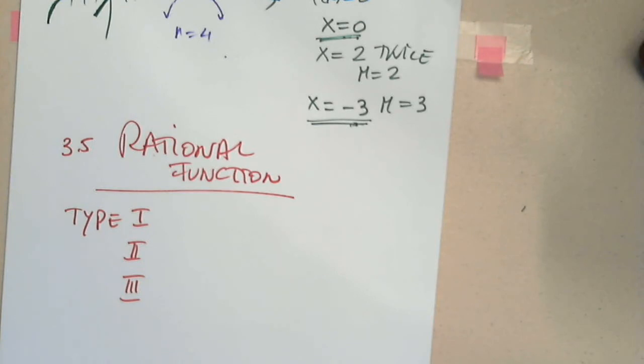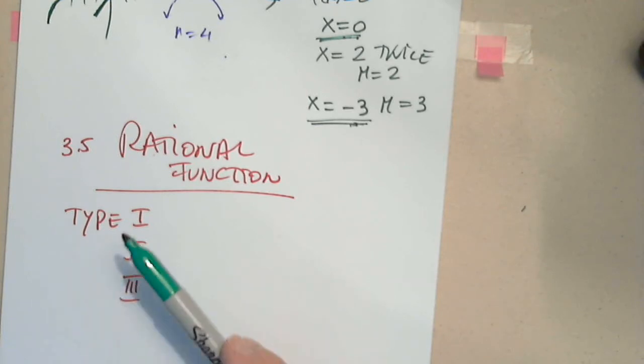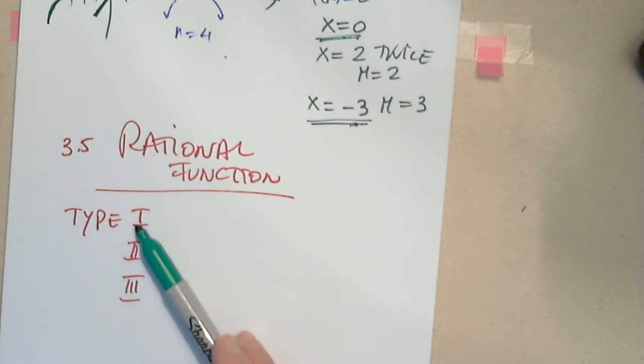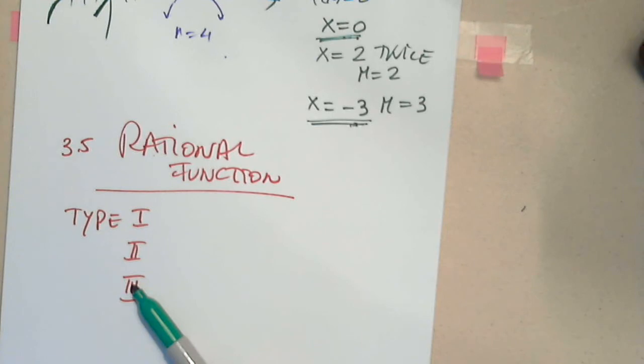Because everything else beyond this, we need a calculator. And that's calculator work, not understanding much. Okay, so I call these functions type 1, 2, and 3. And I'll tell you why. The book does not call them type 1, 2, and 3. I think if you follow me, you're going to understand this is quite easy to understand, I hope.